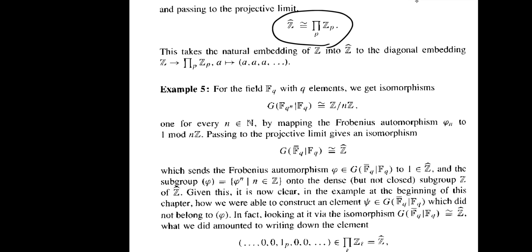For the finite field F_q with q elements, we get an isomorphism. This is what we know because F_q consists of all the elements which solve this equation.